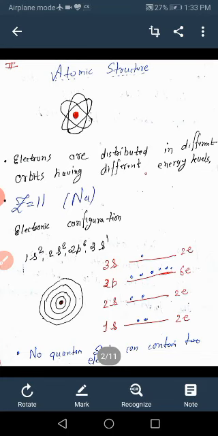Whenever electrons change energy, they change in finite steps, quantums.